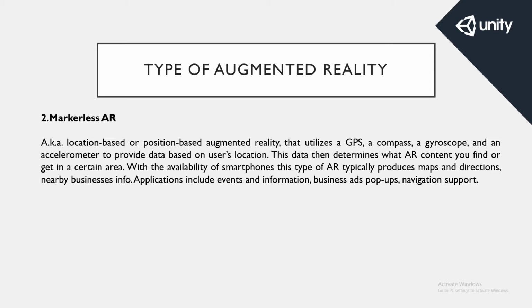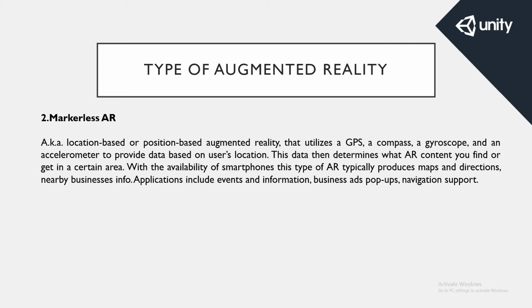If you ever played Pokemon Go, the viral game it used to be, when we come to certain places, the Pokemon will pop up, and then we can see the Pokemon around.